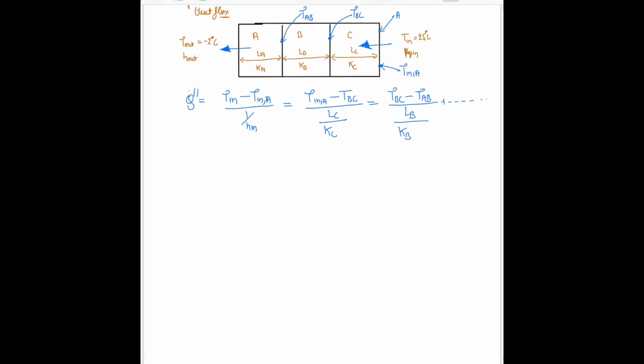Now there is another method of representing this heat transfer through a slab by means of the overall heat transfer coefficient. So we have a wall.